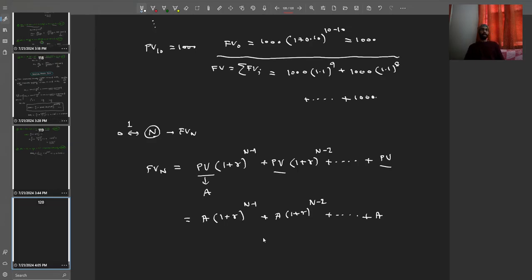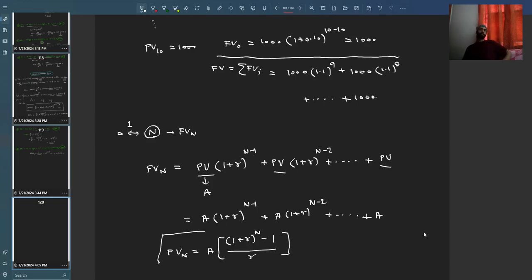Now if you take A common, there is a mathematical way to represent this entire thing. The FV of an annuity of n periods is given by A into ((1 plus R) to the power n minus 1) divided by R. This is the way to calculate an annuity, friends.